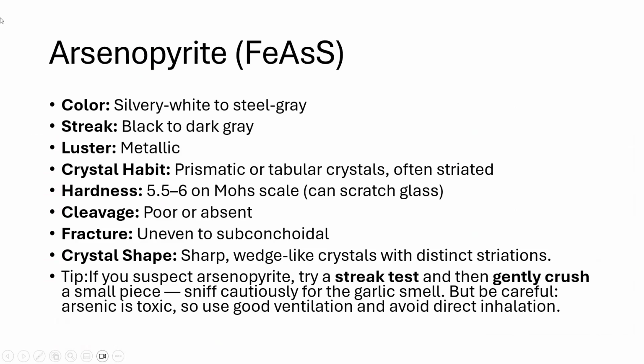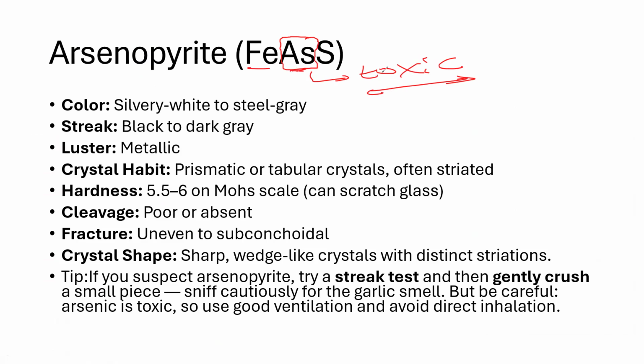Then arsenopyrite, it's the complex sulfide, because we have got two metals which are combined with sulfur to form a sulfide. But now the arsenic is very toxic, but it is the key metal which helps identify the arsenopyrite.